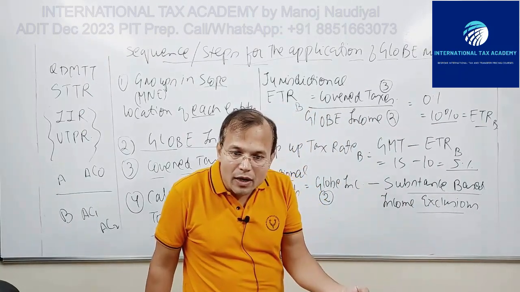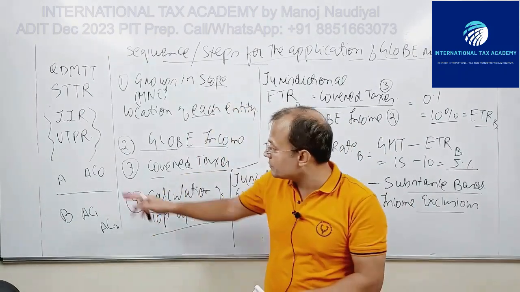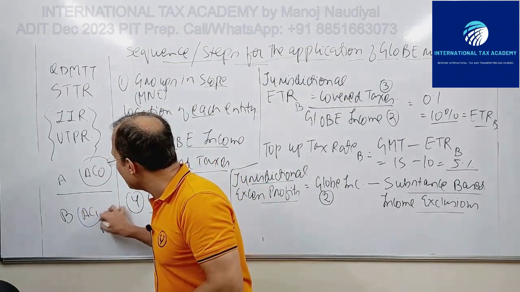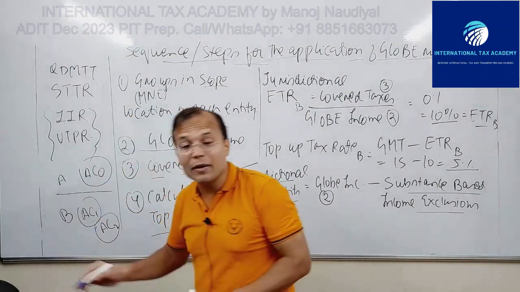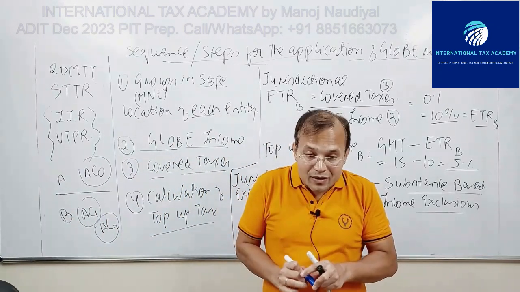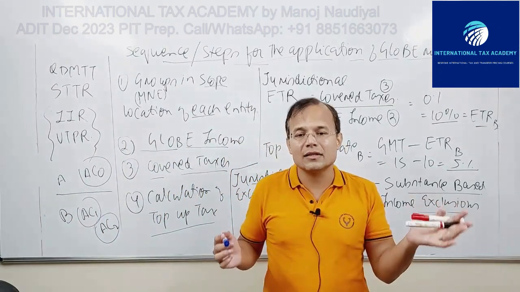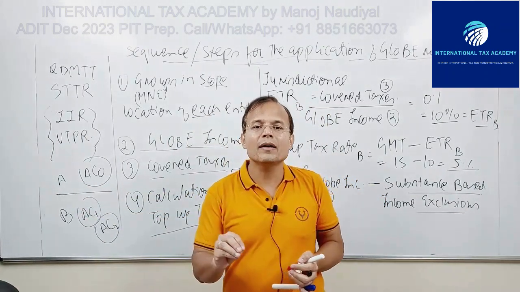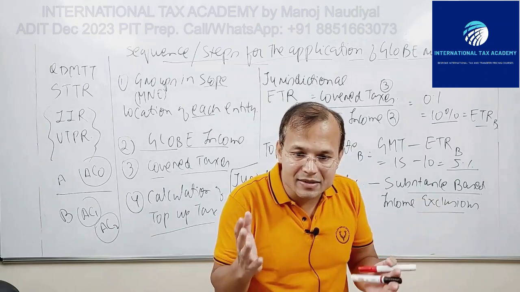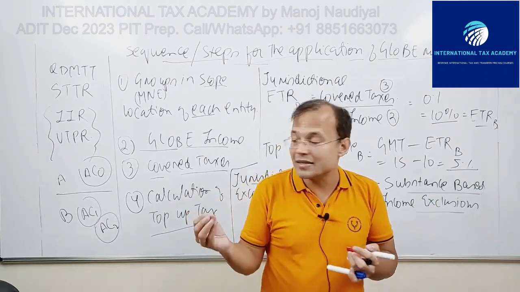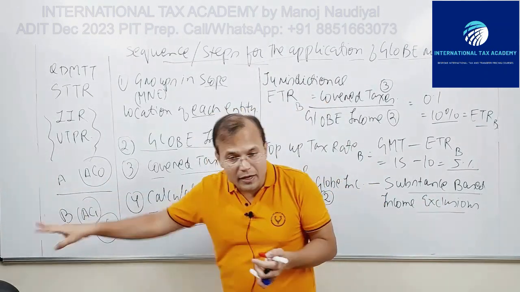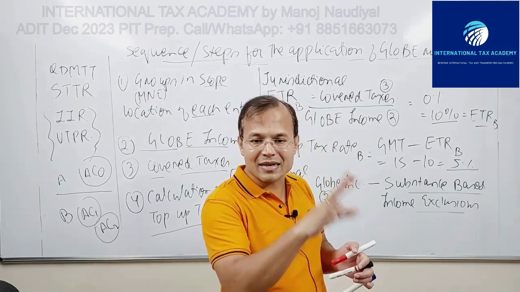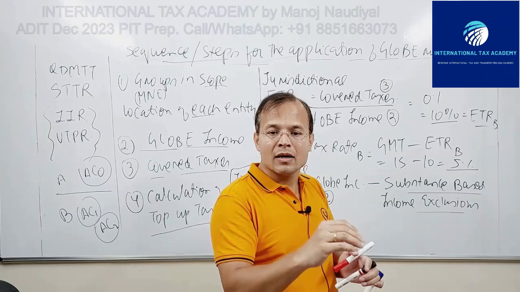How do you calculate whether the MNE group ACO has substance in country B or not? So GLoBE proposals say that we'll calculate the substance of this MNE group in country B on the basis of the tangible assets that they have in country B, and on the basis of payroll, salaries, etc., employee expense.